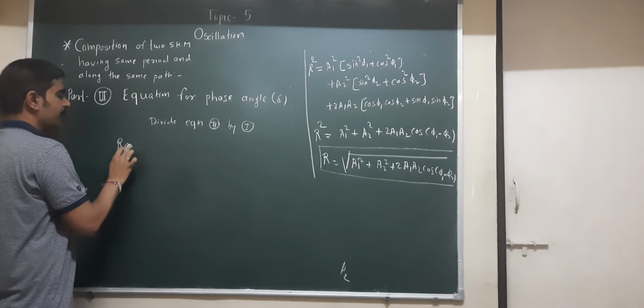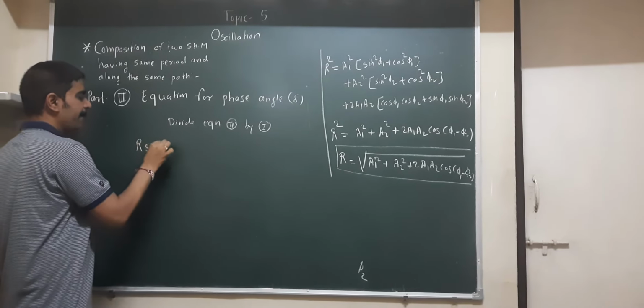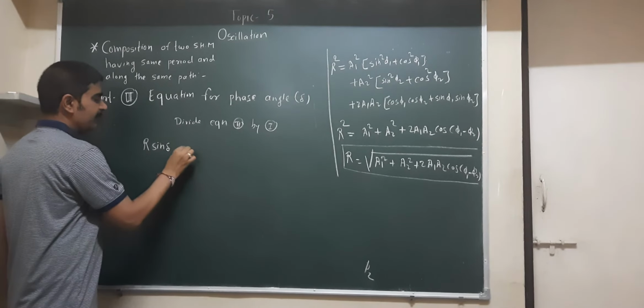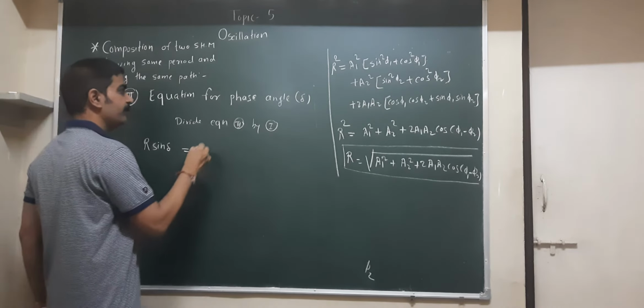So equation 2 has the formula r sin delta is equal to, what is the value of r sin delta?